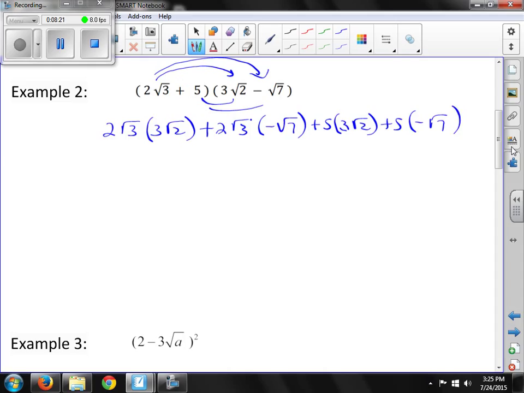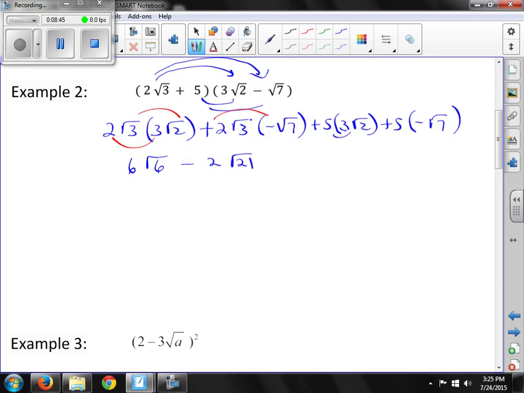So when I multiply, I'll have those two to multiply together. Let's see, 2 times 3 is 6, and the square root of 3 times the square root of 2 is the square root of 6, plus, well, it won't be plus because I have a positive times a negative. A positive times a negative will give me a negative 2 square roots of 3 times 7, which is 21.